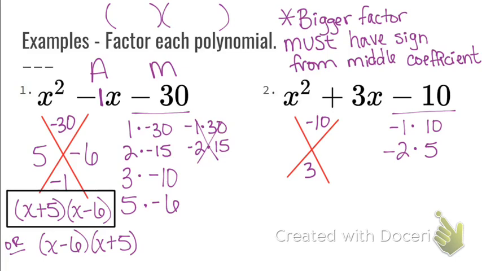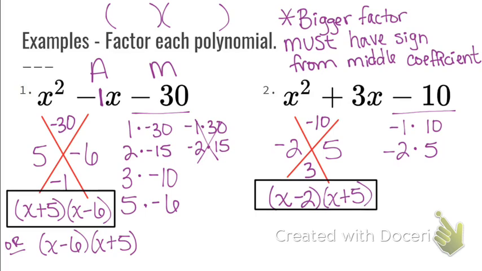Hopefully you see that that would be negative 2 and positive 5. So x minus 2 times x plus 5. Again, if you flip them around, make sure you keep the correct sign with the correct number. The 5 must be positive, the 2 must be negative.